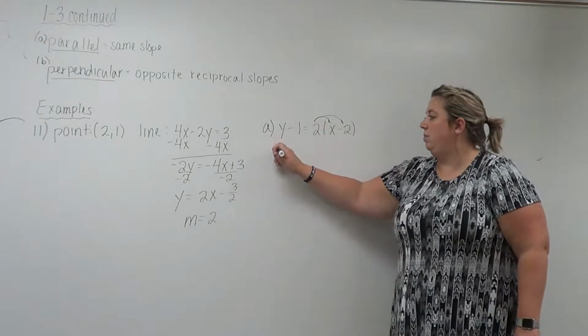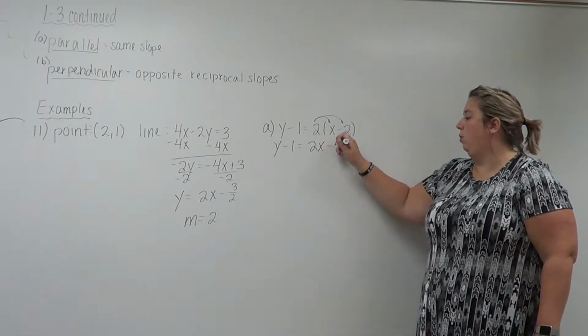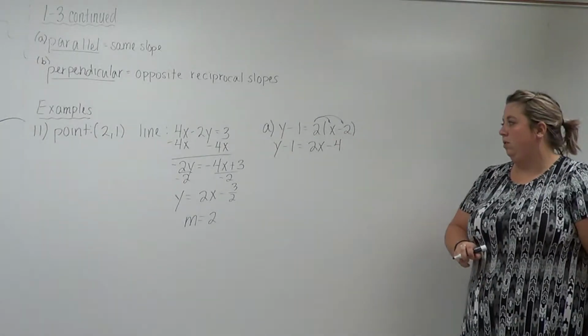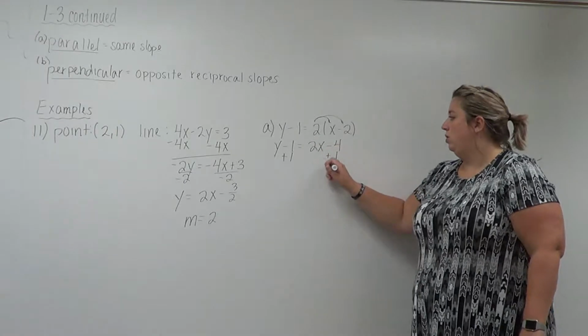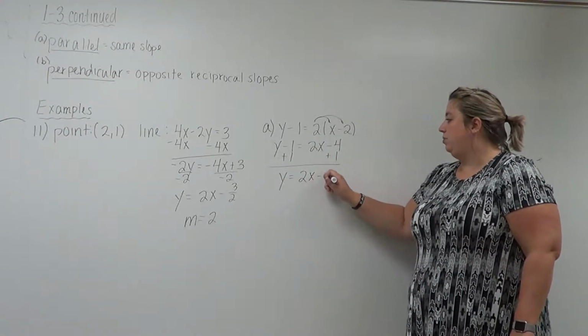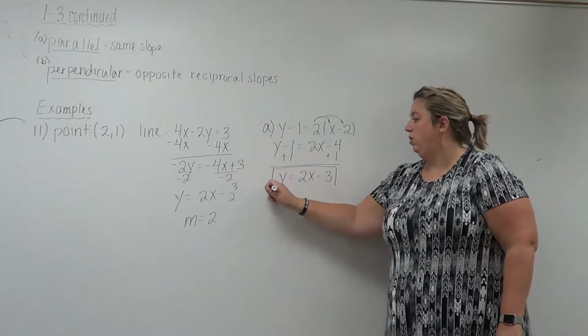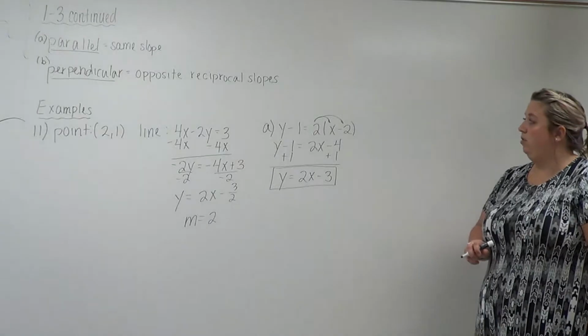So I have y minus 1 equals 2x minus 4. And then to solve for y, I would add 1. So I have y equals 2x minus 3. So that's parallel.